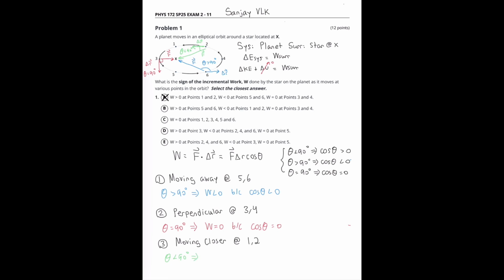Therefore, the work at 1 and 2 is greater than 0 because cosine theta is greater than 0. And after we do this, we determine that choice A is the correct answer. Work is greater than 0 at points 1 and 2, work is less than 0 at points 5 and 6, and work is equal to 0 at points 3 and 4.